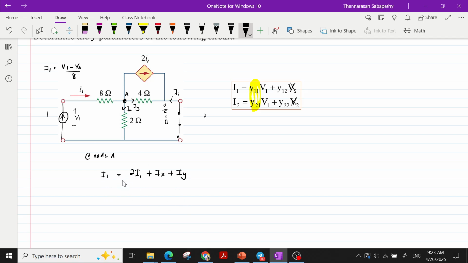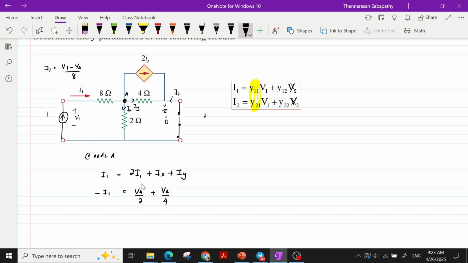So here, if I bring the 2I1 over, it becomes negative I1 minus 2I1, which is negative I1. Ix is VA over 2 and Iy is VA over 4.